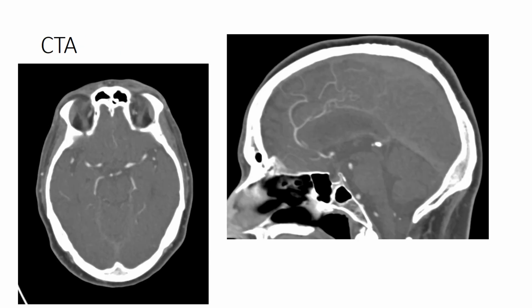Okay, now how about the arteriography using the CT scan? So this is how the CT angiography or the CT arteriography looks like. CT scan. There's a bone, hyperdense. Here you can see the internal carotid artery on the right, on the left side, basilar artery with branches on the right and on the left.